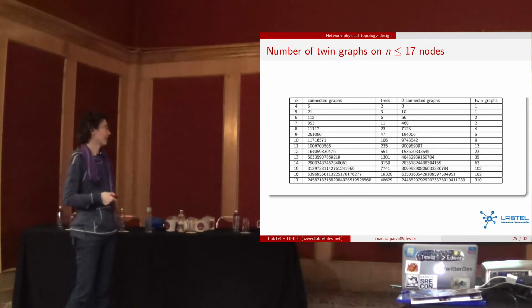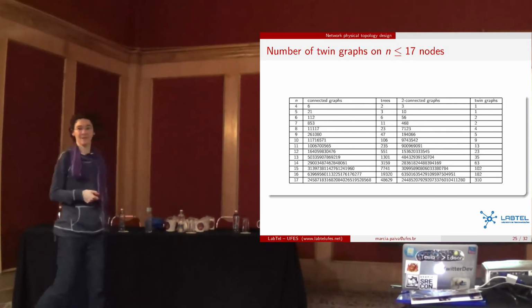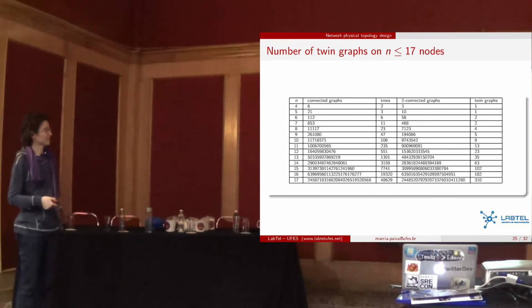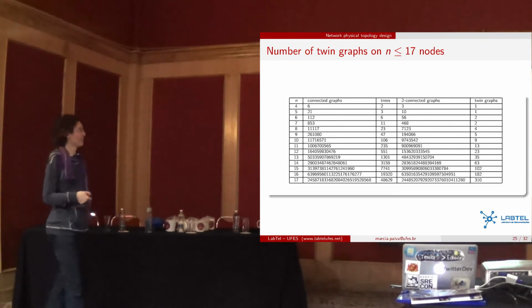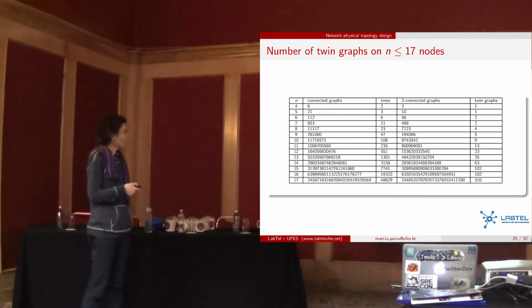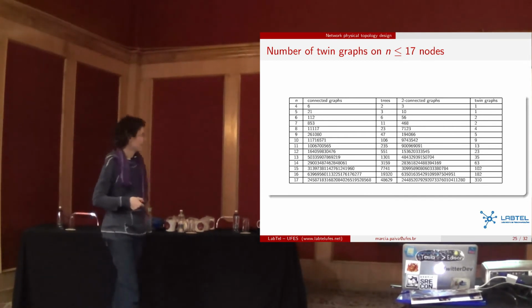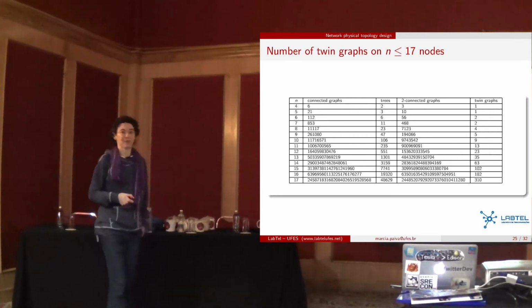Then two-connected graphs, then twin graphs. As you can see, the twin graphs behave like the two-connected graphs, as the two-connected ones behave like the connected ones. For instance, for 17 nodes, we have 300 twin graphs.